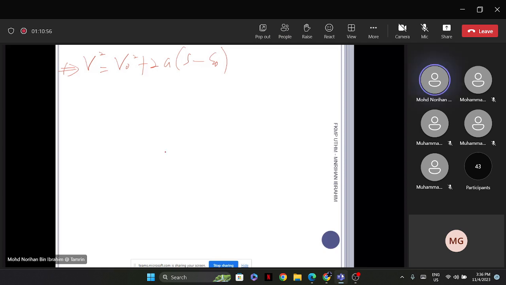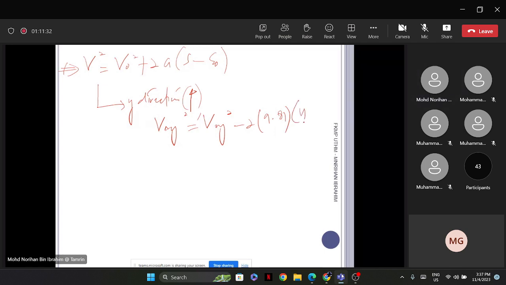So this is the basic equation, but we consider the Y direction. So it becomes VAY to the 2 is equal to VOY to the 2 minus 2 times 9.81 times (YA minus Y naught).